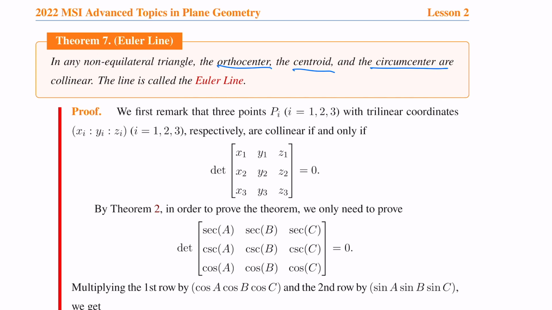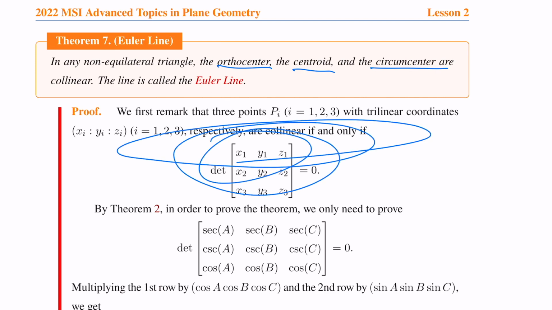Since we have already computed the trilinear coordinates for all these three points, that means we just need to verify this identity.